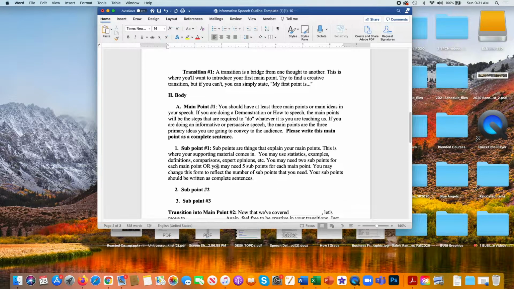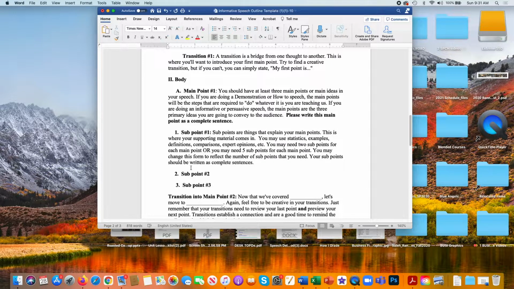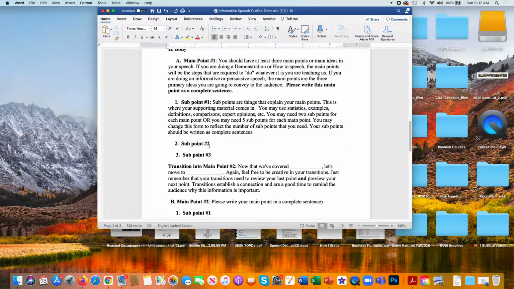And for each main point, again, three main points, for each main point, you are required to have at least two subpoints. I went ahead and included three. If you need to use three, that's fine, but you must have at least two subpoints for each main point. If you do not need subpoint three, then just delete it.